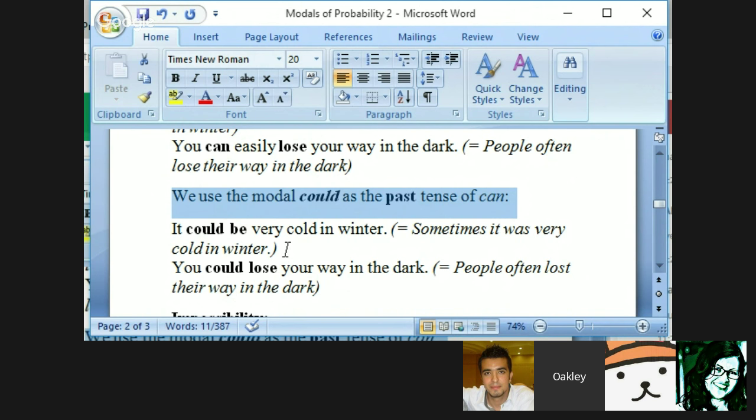Can I follow up on Oakley's question? Yeah. How is that different? It could be very cold in the winter is a phrase that is referring to a possibility in the future. Is it because of the context, or is it a difference in how you structure it? Okay.